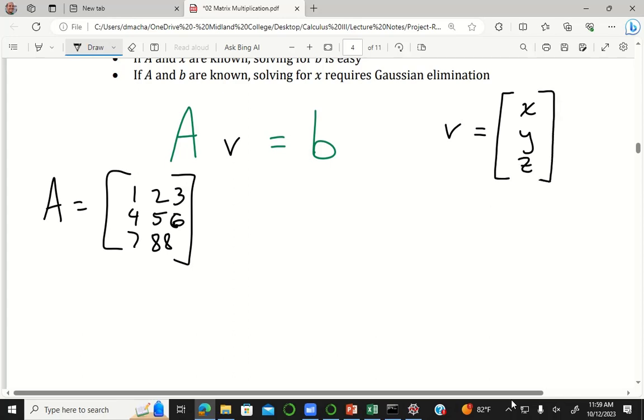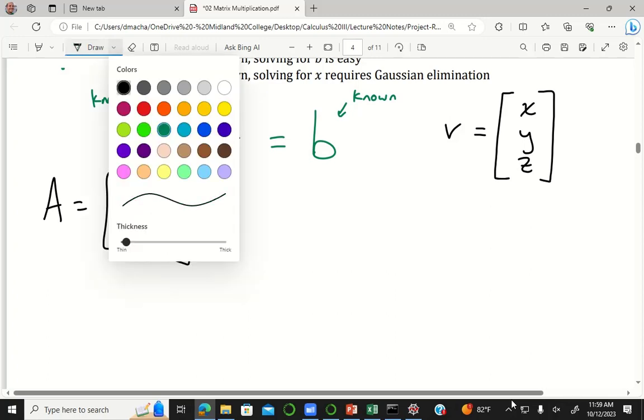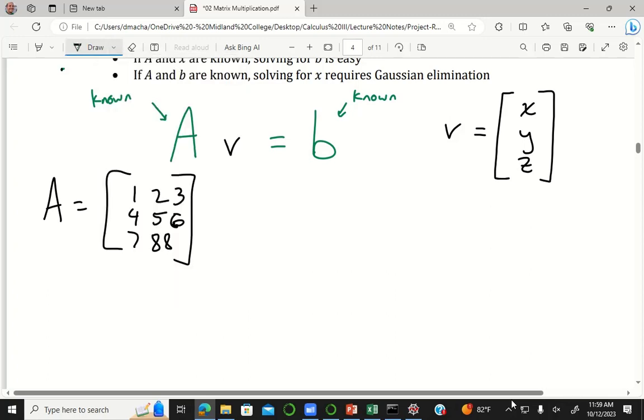Sorry for changing the variable names on you. But let's say we have the equation AV equals B. And let's say that A and B are known quantities. But V is unknown. Right? So we want to find what is my vector V.